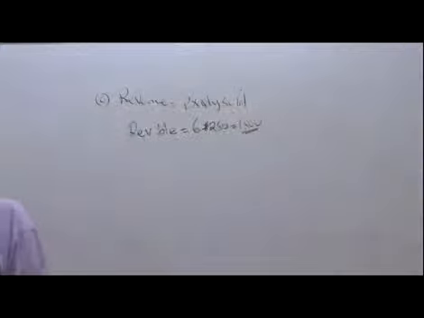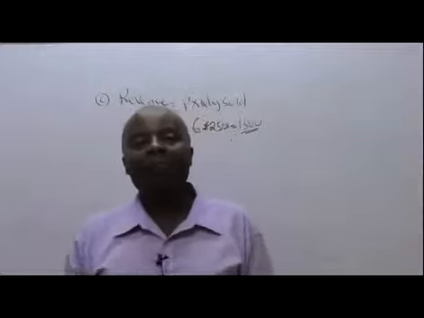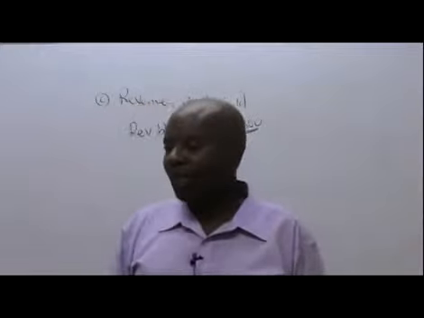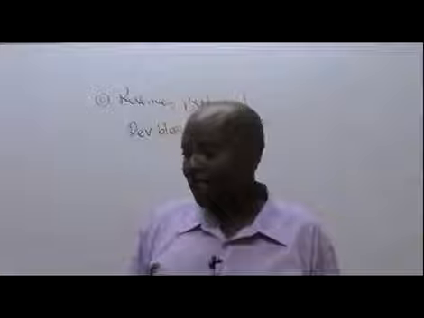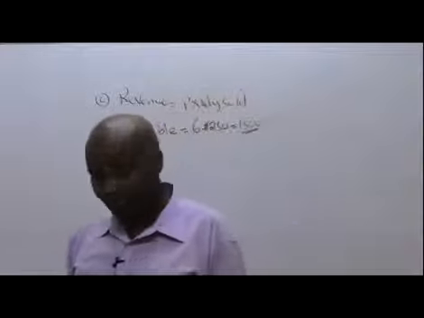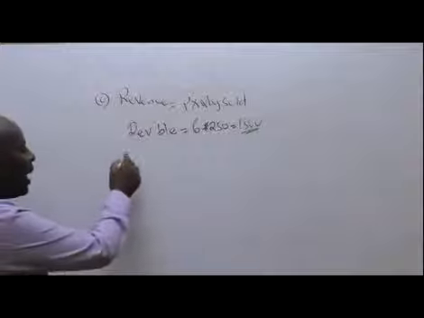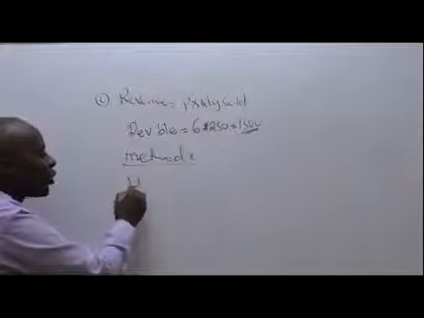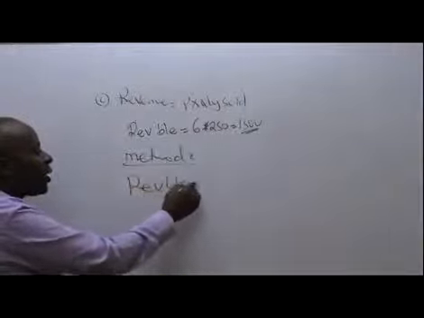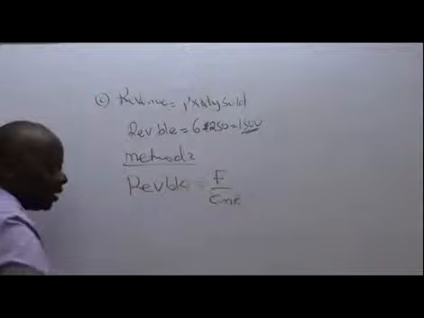Could we be having any student here who used a different formula but ended up getting that figure? Yes, there are many ways, ladies and gentlemen. One of the ways that some students could have used is this one, which tells us that revenue break-even equals fixed costs over CMR.